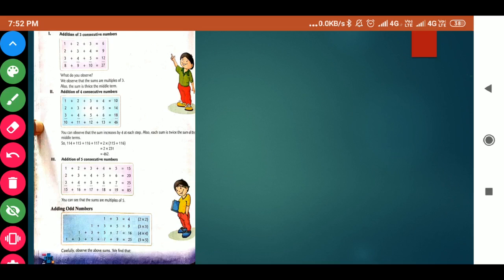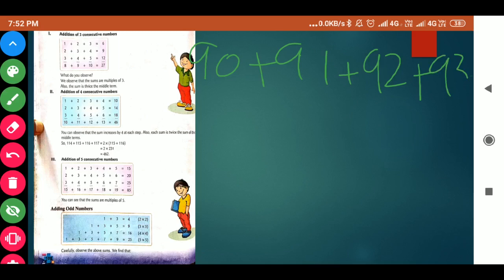Let us take one example. 90 plus 91 plus 92 plus 93. These are 4 consecutive numbers. So how will we solve this? According to this rule, the sum is twice, twice means 2 times, means multiply by 2, the sum of the 2 middle terms.